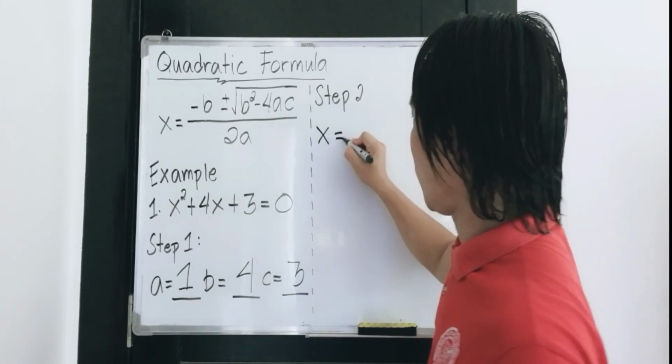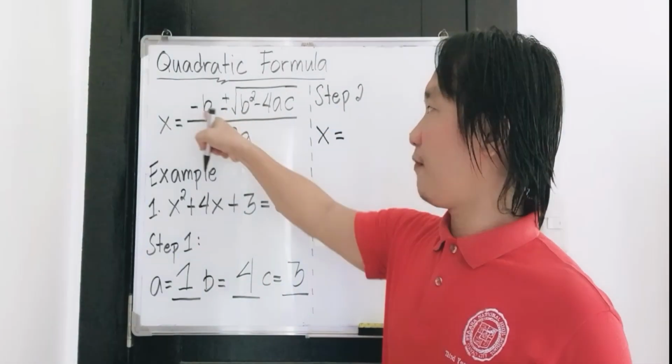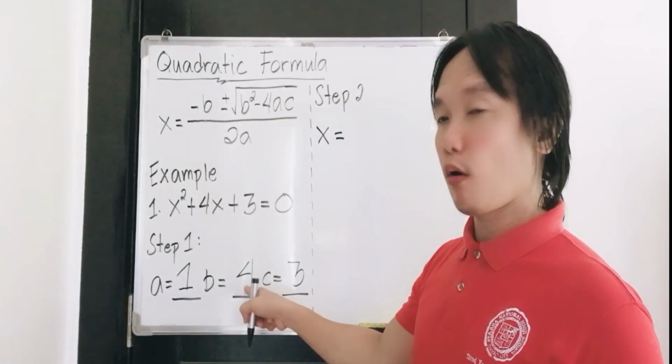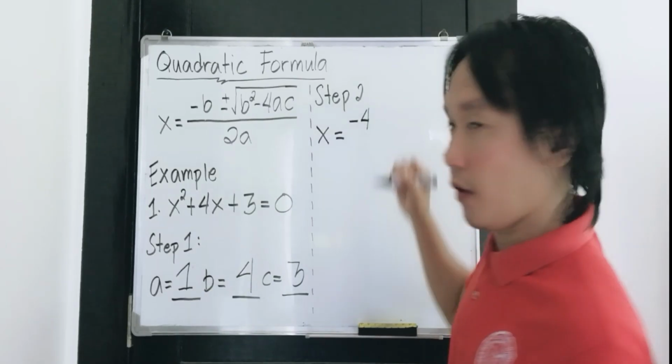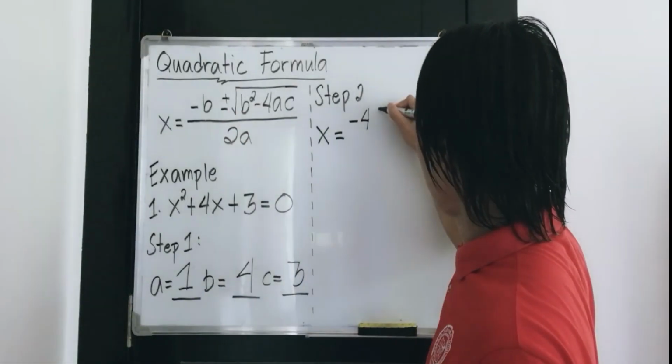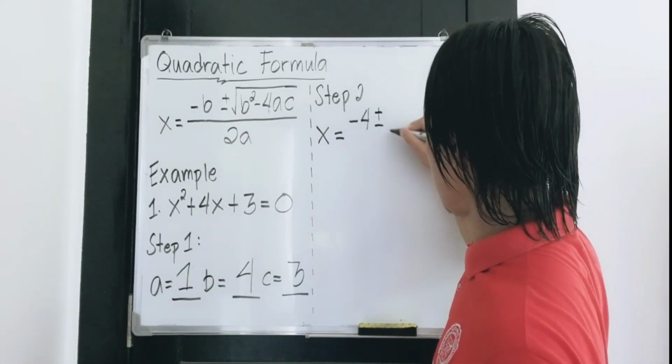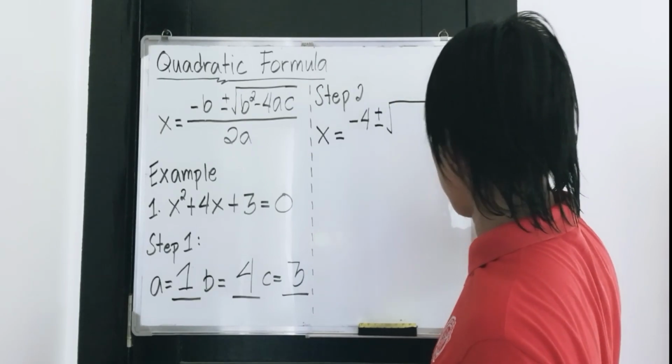x will be equal to, so the negative b will be replaced by negative 4. Then copy plus minus square root.